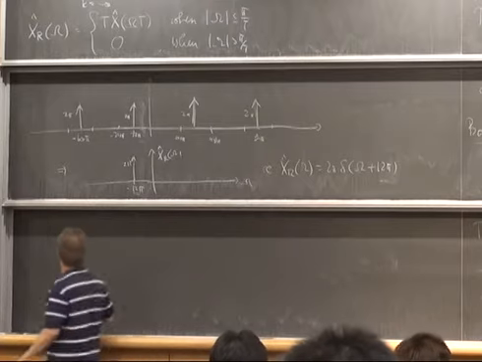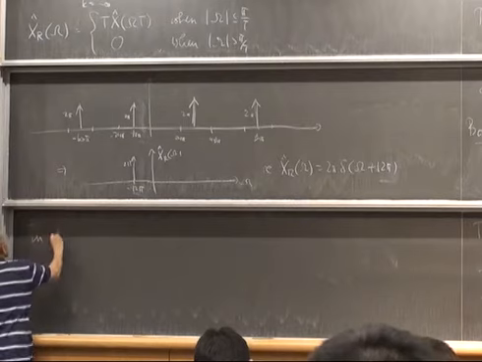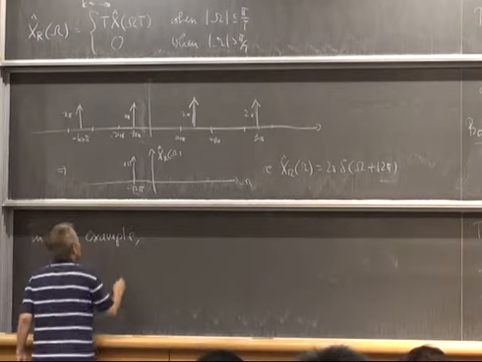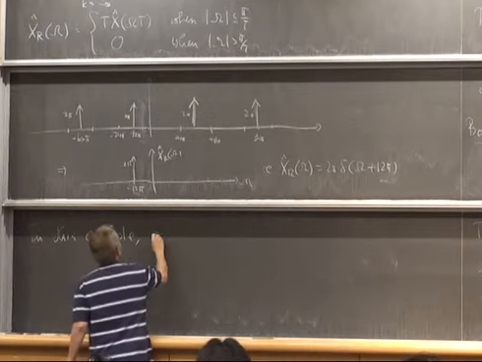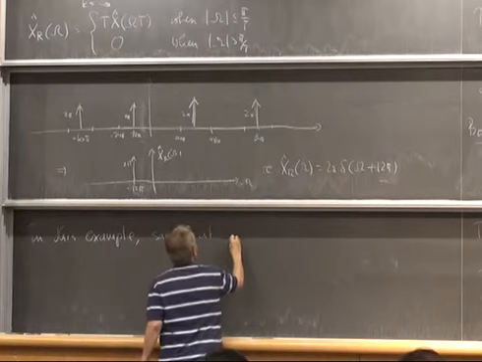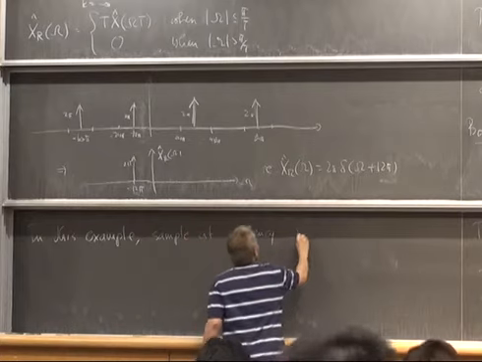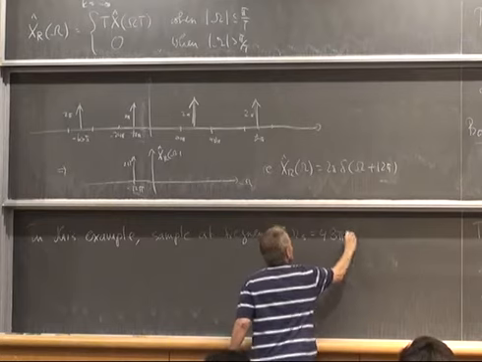So what happens in this example? What is our sampling frequency? Our sampling frequency is omega s equals 2 pi times 24, which is 48 pi.